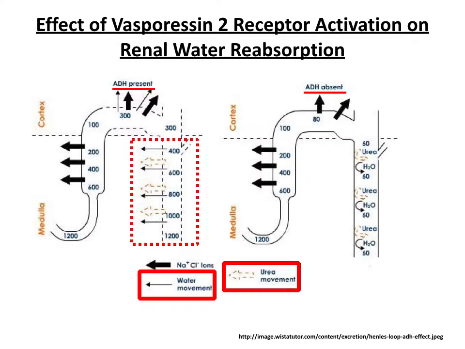Here you see it at the collecting duct, where, drawing the square around this, you get water reabsorption going on. You can also stimulate some sodium reabsorption as well, and get some urea movement. This slide just shows what happens when it's not there. You don't get that extra water reabsorption.